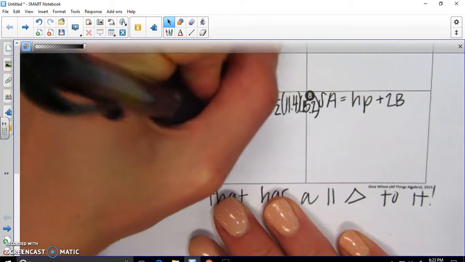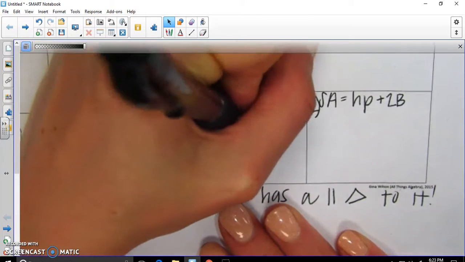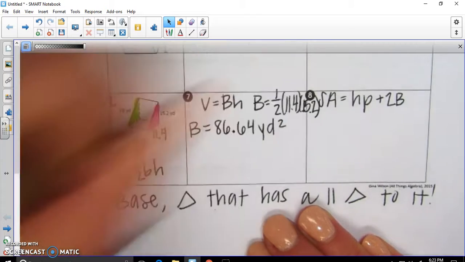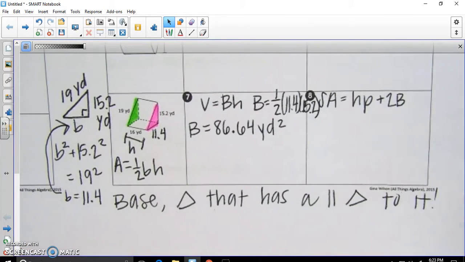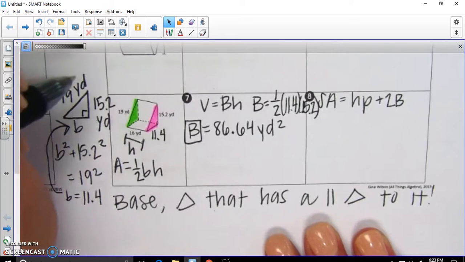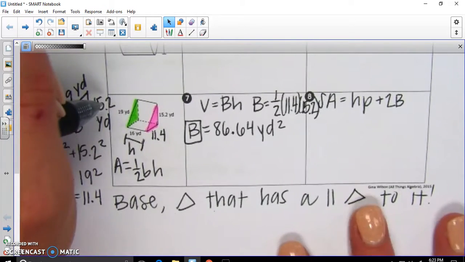And the area of the base is 86.64 yards squared. And check our answer key. Yep. So volume is just this number times the height of the prism, so the distance between the two bases.